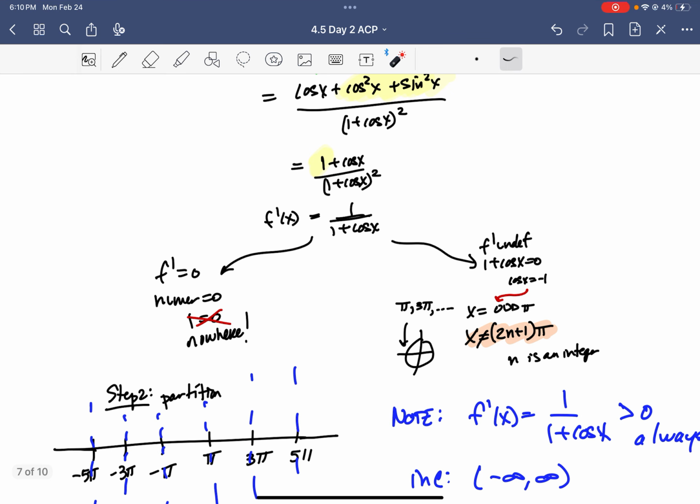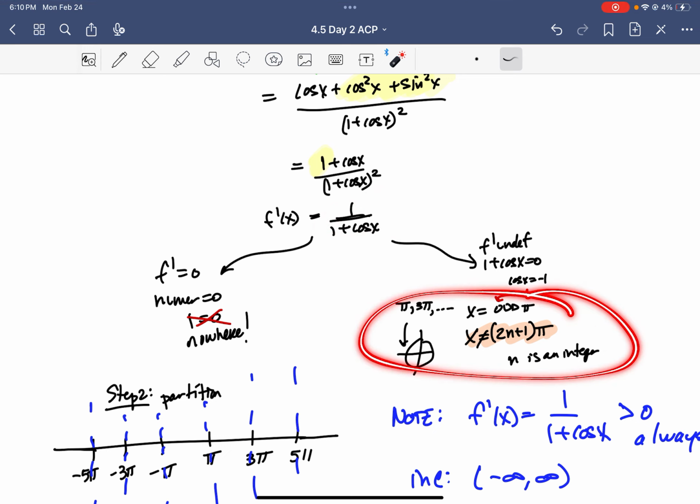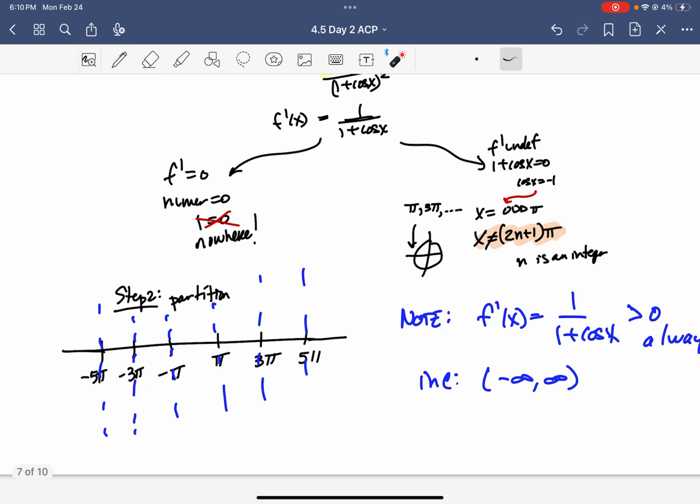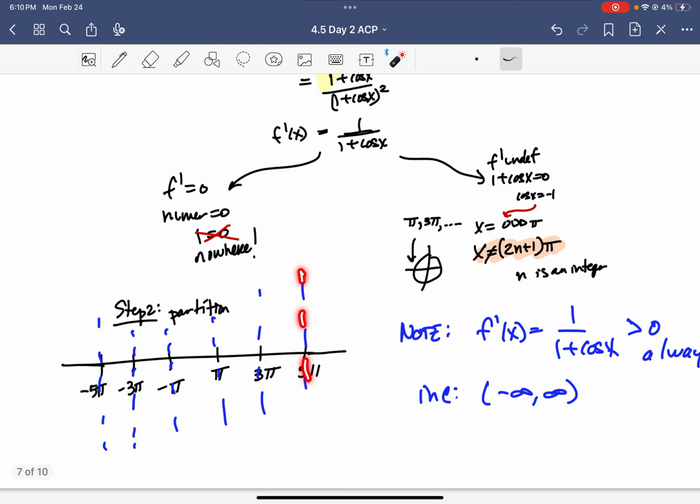Well, where is it equal to 0? Well, nowhere, because the top would have had to have been 0, and that doesn't happen. Where's the derivative undefined? Well, again, all these odd values of pi. So all those odd values of pi are going to be my vertical asymptotes. They're going to partition our interval.